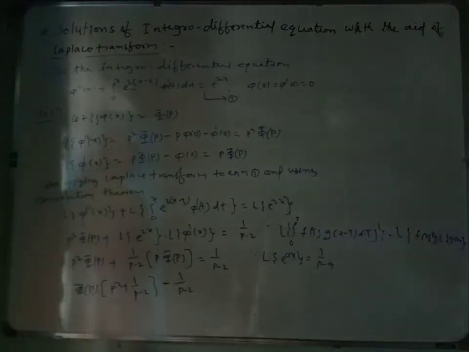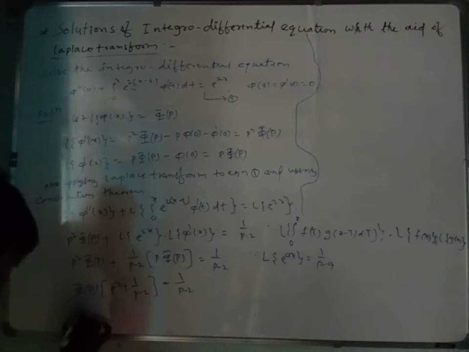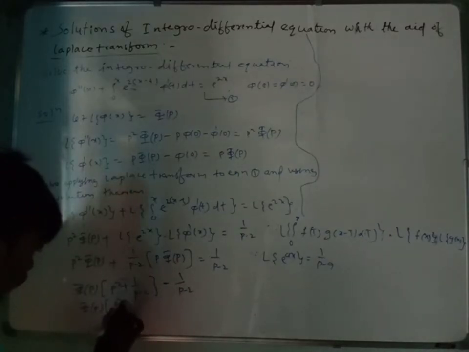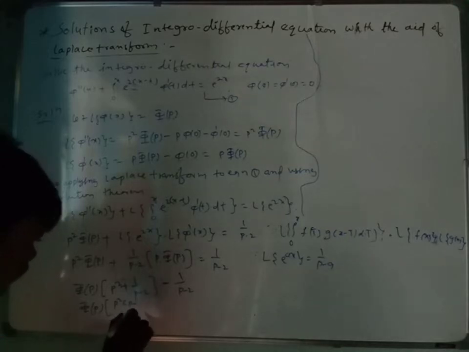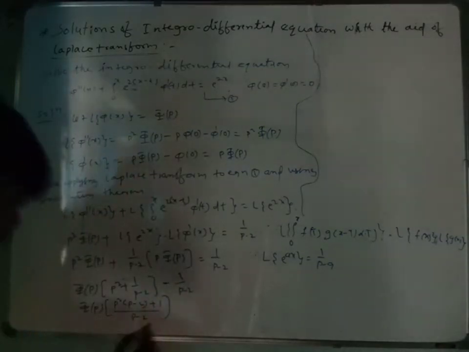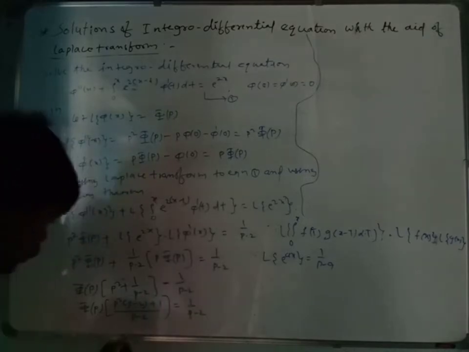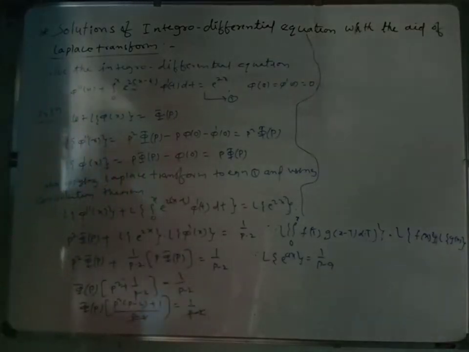From this, capital Phi of p equals p square into p minus 2 plus 1 upon p minus 2, which equals 1 minus 1 by p minus 2. Here p minus 2 gets cancelled.